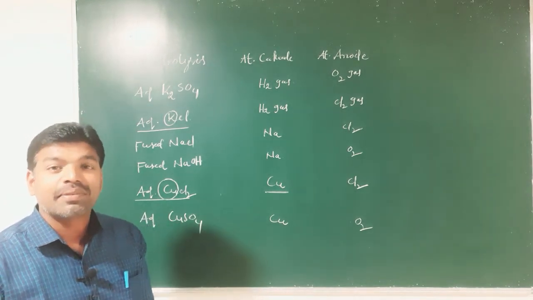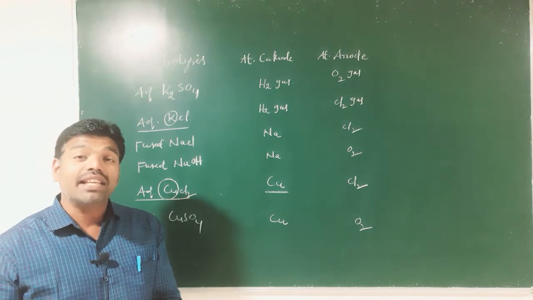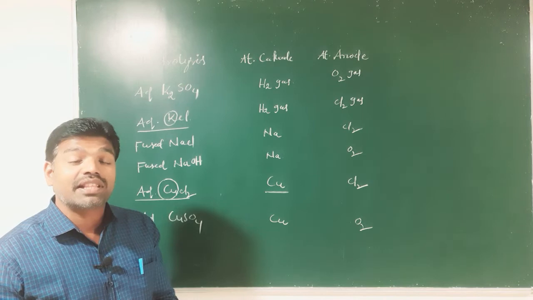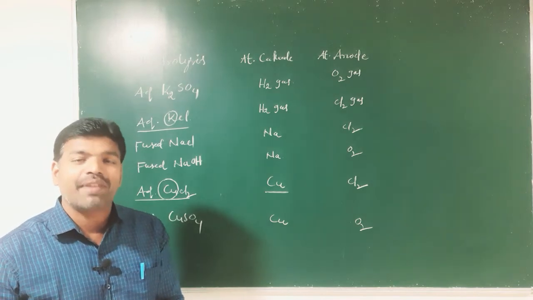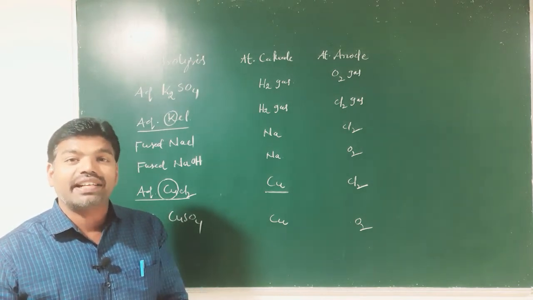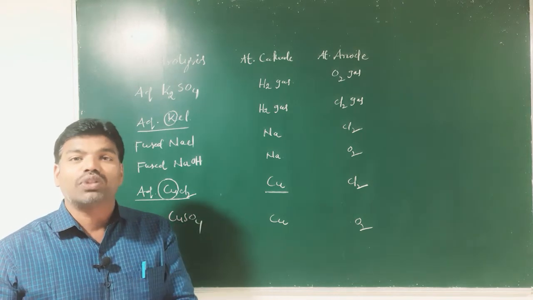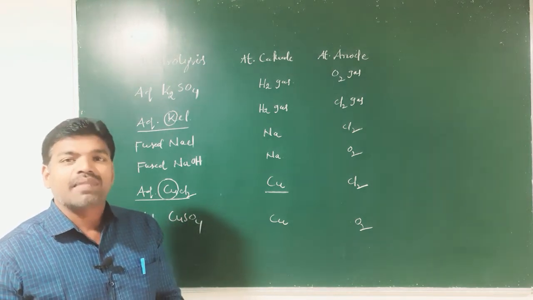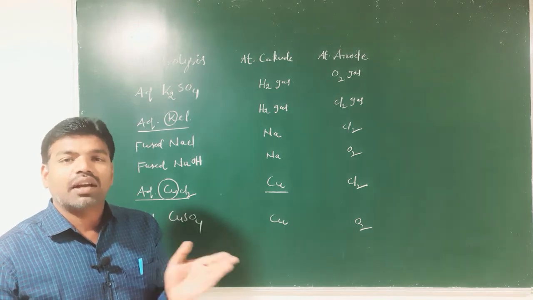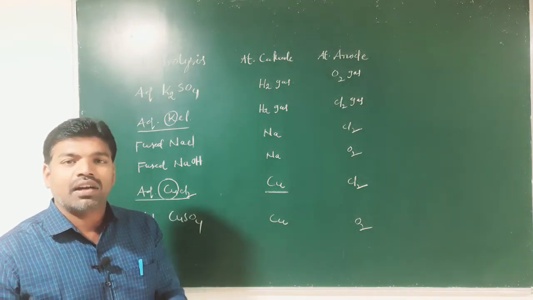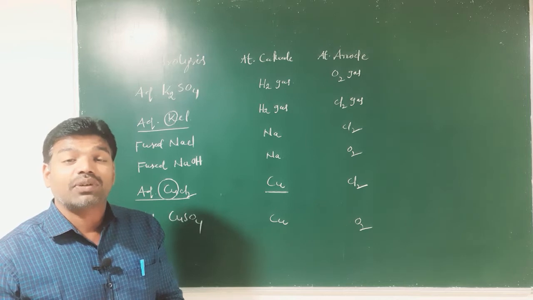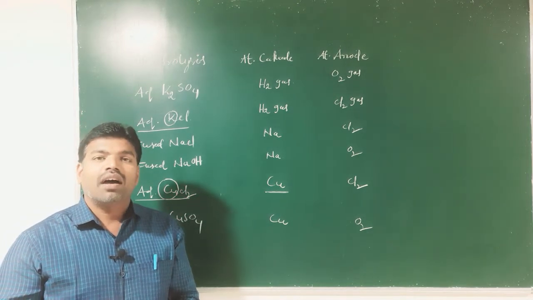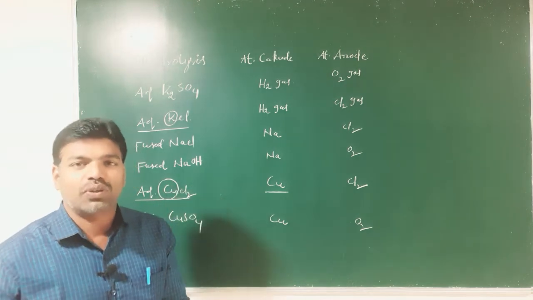These laws deal with the mathematical relation between the quantity of electricity passing through the electrolyte and the quantity of substances that are produced, liberated or deposited at the respective electrodes, right. So let us see Faraday's laws of electrolysis.